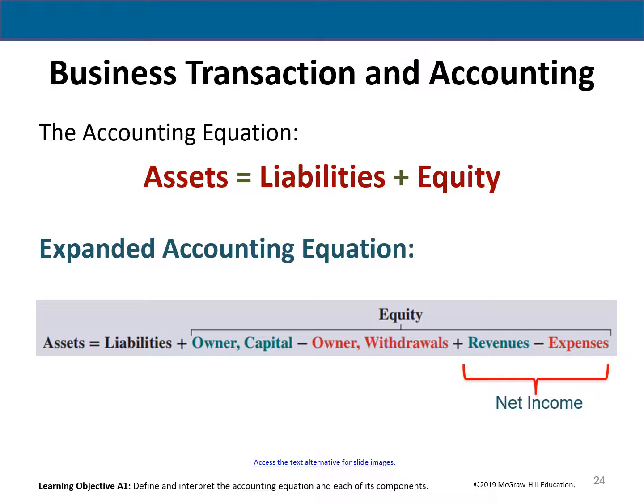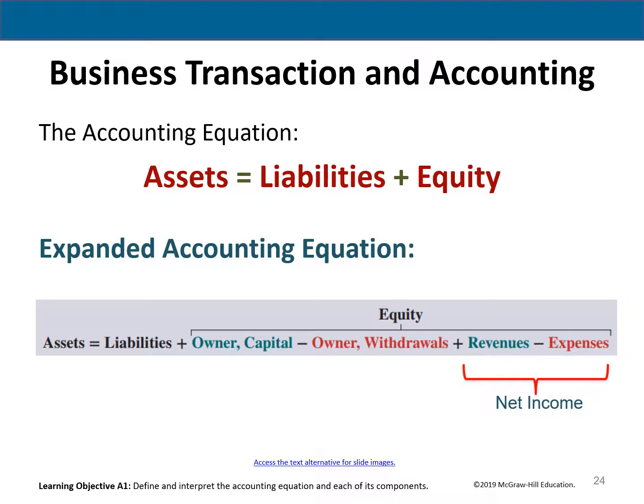If we take revenues, money coming in from doing stuff for our customers, minus expenses, the cost to receive services so that we can run our business, the difference between that is either profit or loss. In accounting, profit is called net income. If it's a loss, we call it net loss, and we use that term all through accounting.